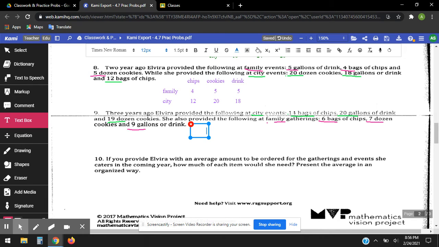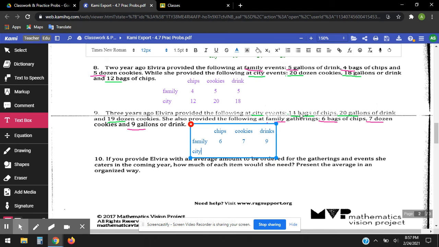Again, I'm going to do chips, cookies, drinks. Even though she's mixing up the order, I'm going to keep my labels the same. Family on first and city down below. Family had 6 bags of chips and 7 dozen cookies and 9 gallons of drink.